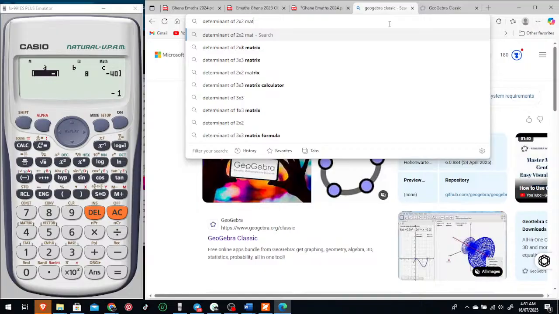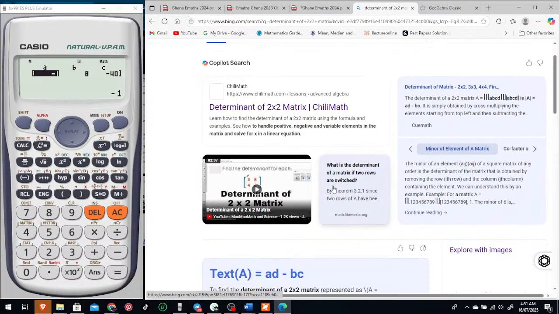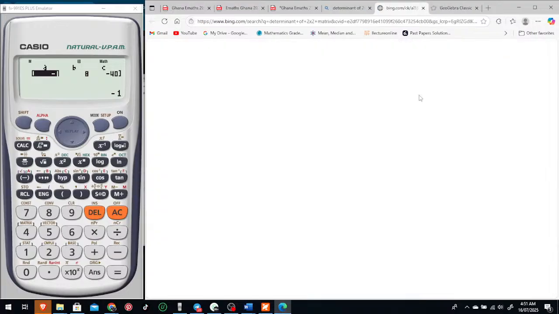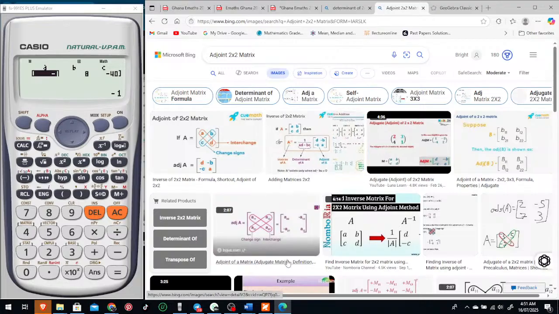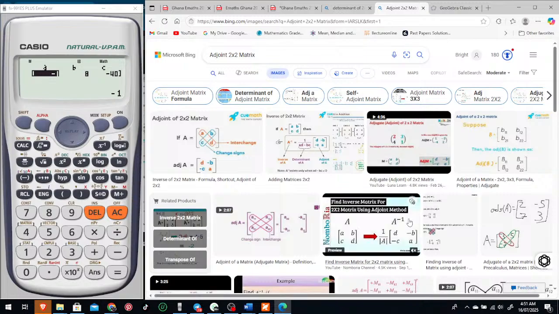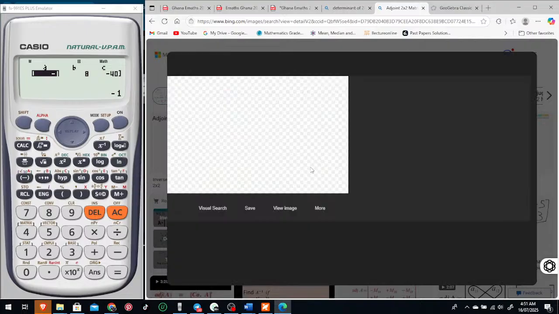2 by 2 matrix, AD minus BC. That's what I did. So that's the determinant, AD minus BC.